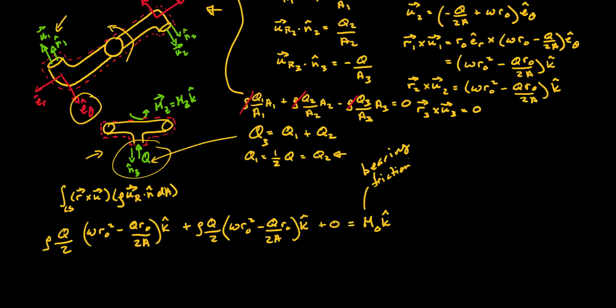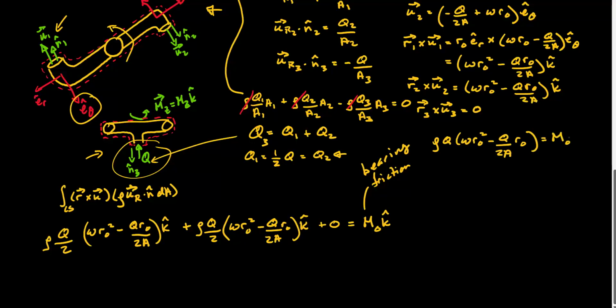Firstly, we see that everything is in the k direction, so we can just drop that and assume that any result that is positive is in the counterclockwise direction. Adding these two first terms, we have rho Q omega R naught squared minus Q over 2A R naught is going to be equal to the net moment.